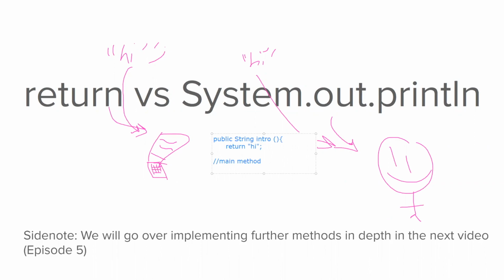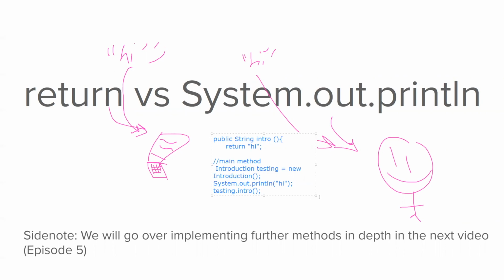What's the class name? Introduction. Testing equals new Introduction. And then I'd have system.out.println, and then I would do testing.intro.